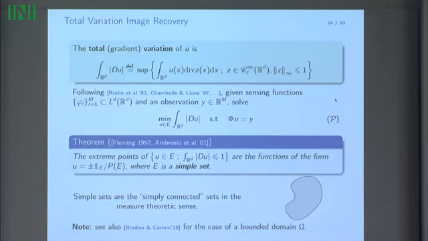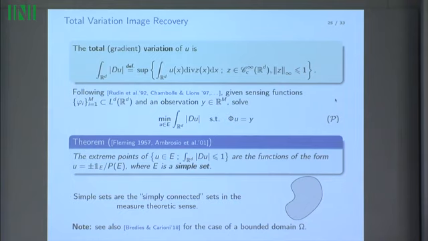So we have results from Fleming and Ambrosio, Caselles, Masnou, and Jean-Michel Morel saying that the extreme points of this ball are the functions that are indicators of simple sets, okay? Of course, renormalized by their perimeter, because the total gradient variation of an indicator of a set is just the perimeter of the set, okay?